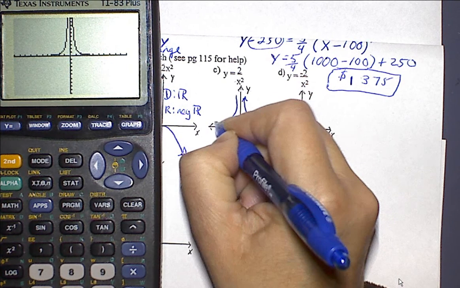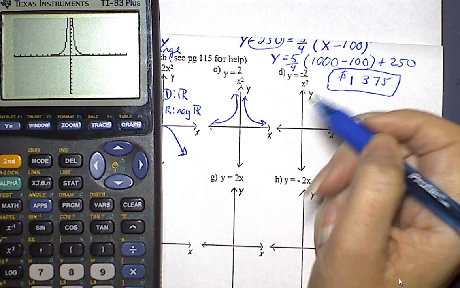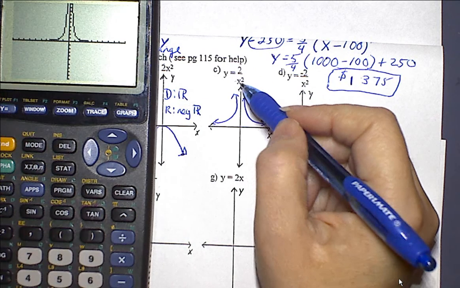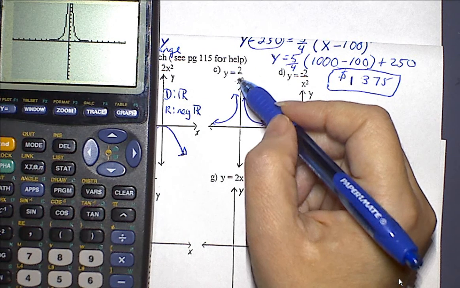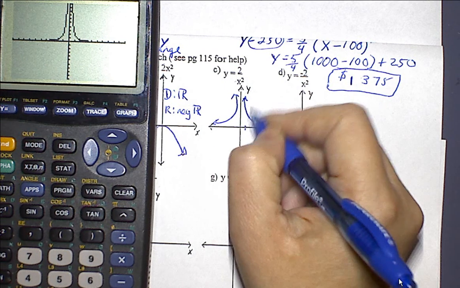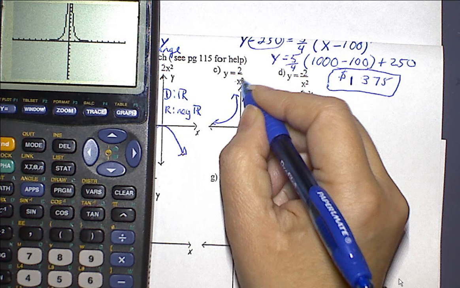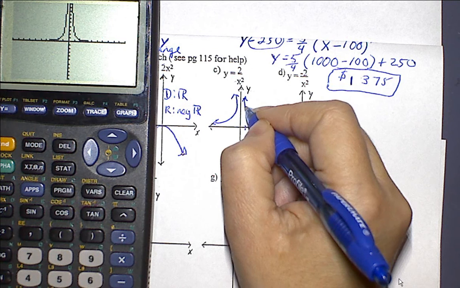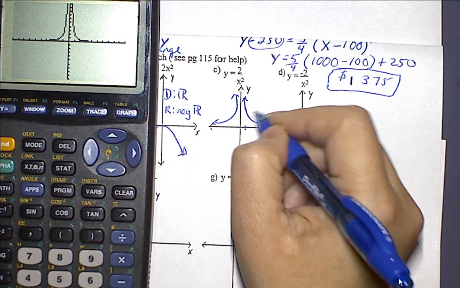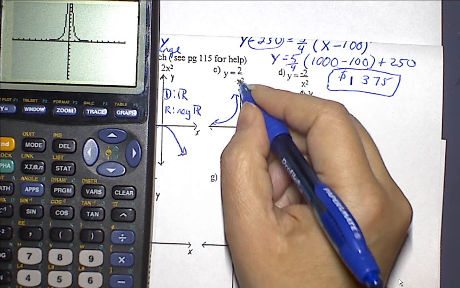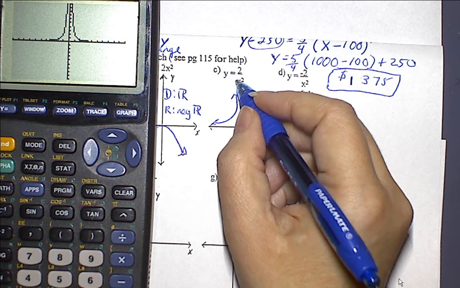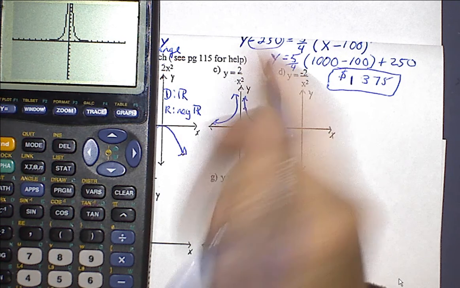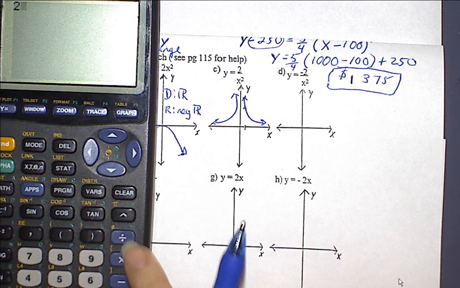Alright. If you do not have a graphing calculator, you'll want to put in numbers. So if I put in 1 for my x, 1 squared is 1, so 2 divided by 1 would be my 2, so I would have a point right here. And then I'd have to get another point, if I went 2, I have 2 squared, so I would go 2 and 2 divided by 2 squared.